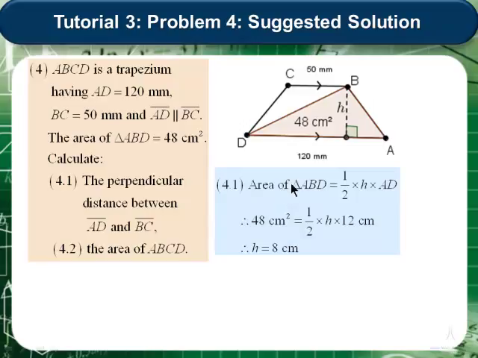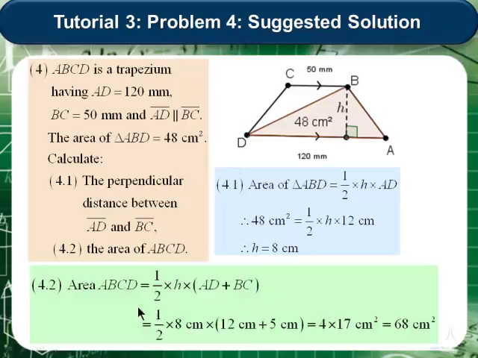trapezium. So if we start off with a shaded triangle, we know that the area of that is half base AD times the height, and we know the area of that as well as we know the value of AD, so we can calculate the perpendicular distance between the two parallel sides to be 8 centimeters.